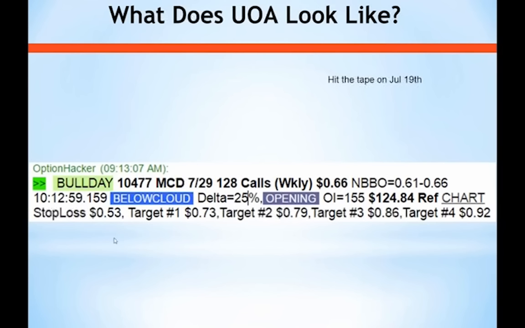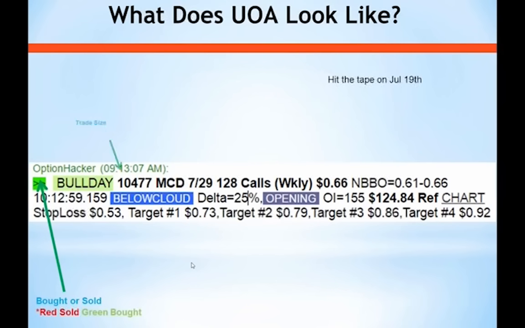Now, don't get too hung up on the format of what you see here. This information is going to be available from a number of sources. You can get this in Thinkorswim. You can get this in TradeStation. This is just how it looks on a piece of software that we use to track order flow. But all this other info is going to be available in any place that you can see time and sales, because they have to tell you all of this stuff.